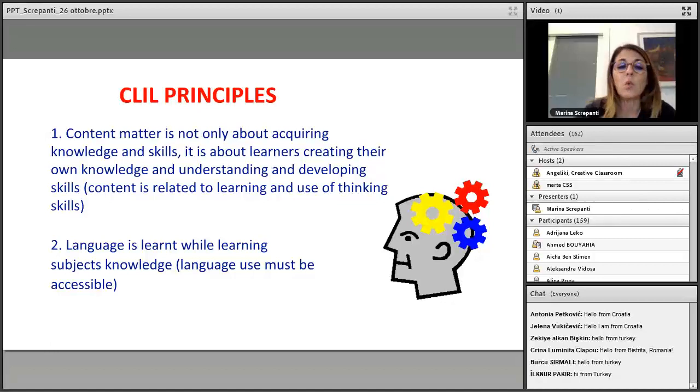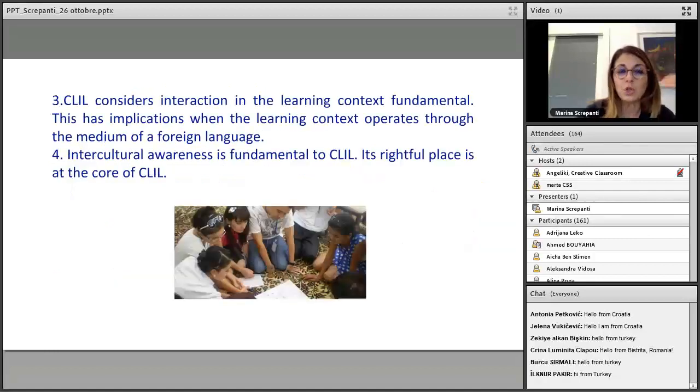Language is learned while learning. So they are not aware of the fact that they are studying a language, but they just think that they have to solve a problem or accomplish a task during the lesson.